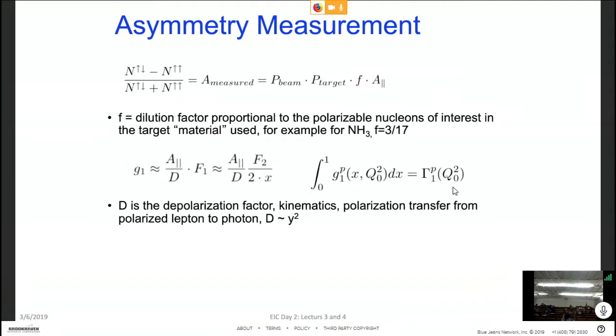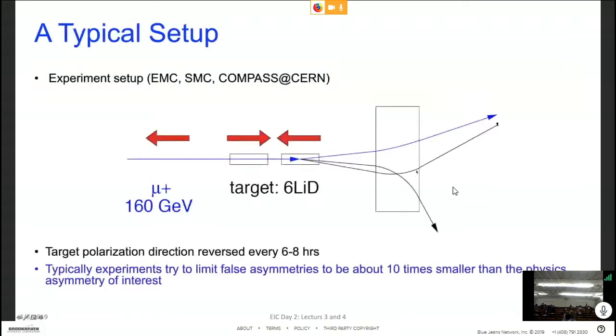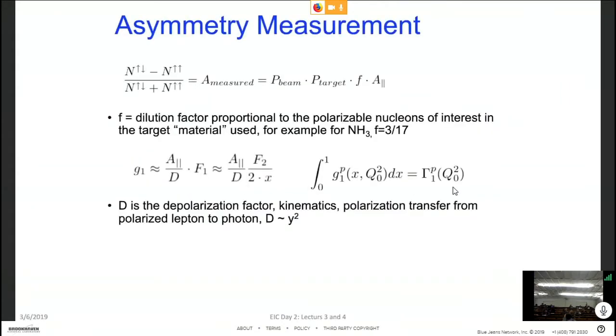Because of the kinematics, finally we want to get to the spin structure function and its first moment, which is shown right here. We want to go from x equal to 0 to x equal to 1 at a fixed Q squared. And that is difficult to get because of the kinematics. We never get to x equal to 0. We have to do something about it, which means that we have to do some extrapolation.